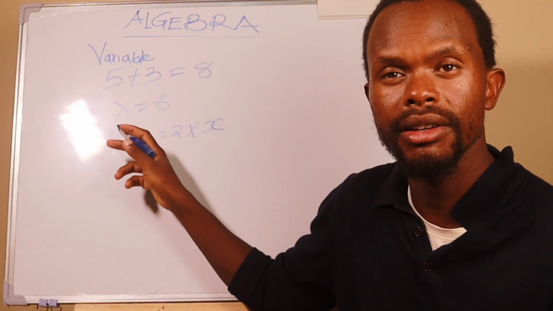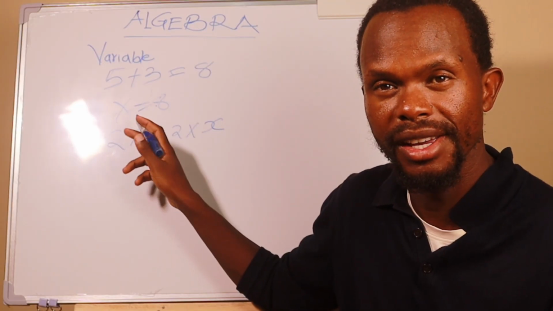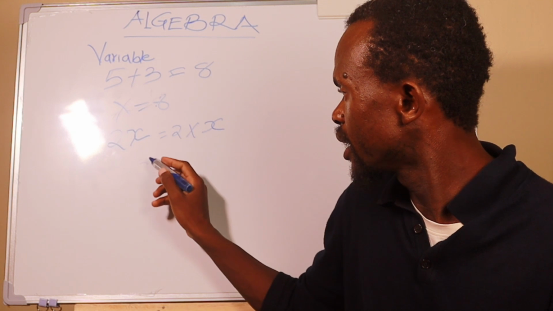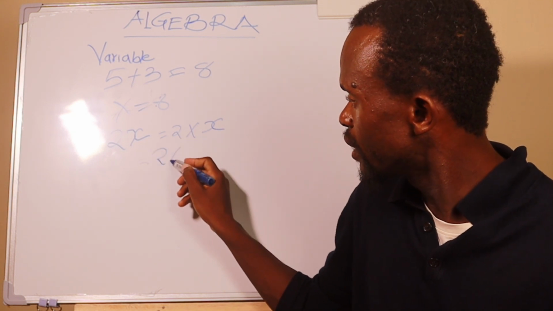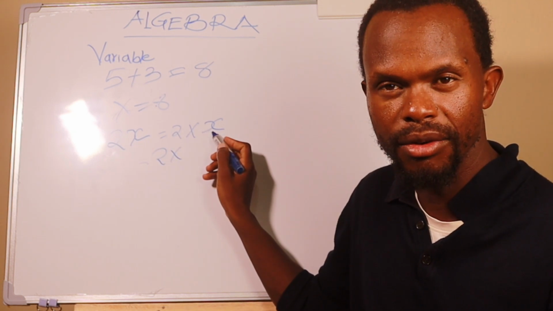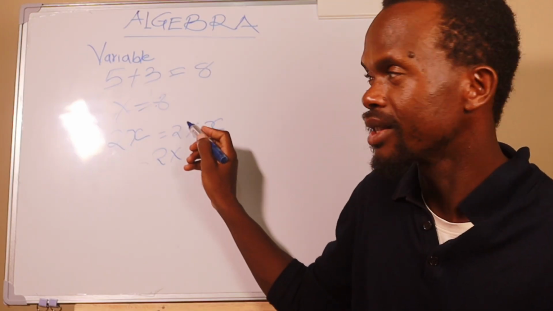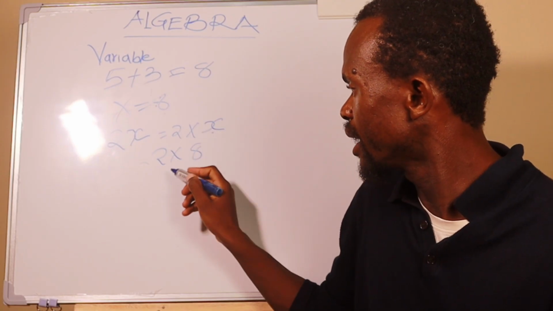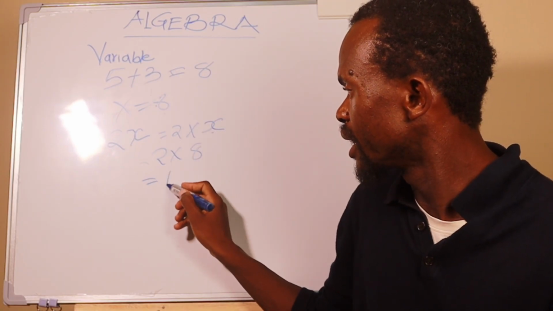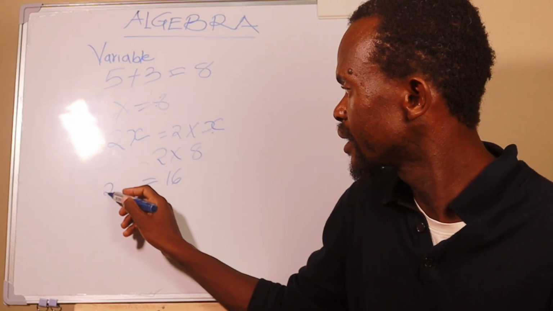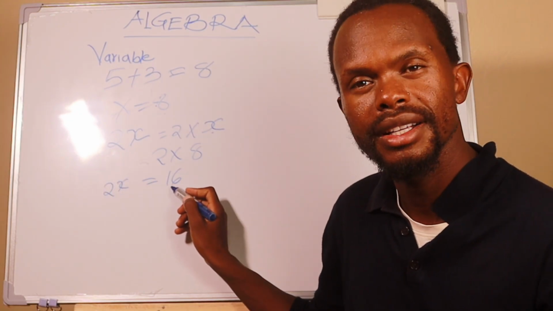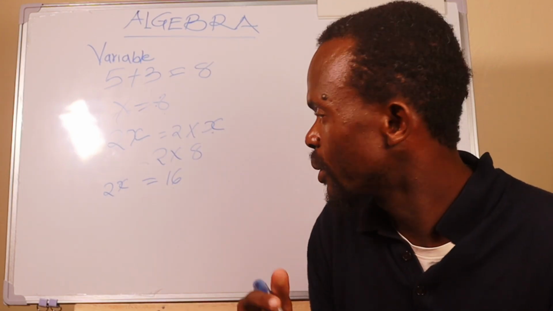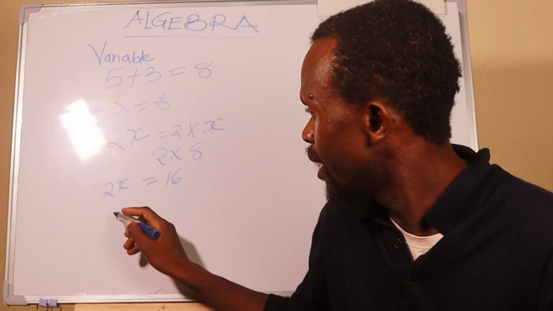But remember, we've been given that the value of x is equal to 8. And therefore, to calculate 2x, we're going to say it is equal to 2 times the value of x, which is 8. So it will be 2 multiplied by 8, and then we'll find that our value of 2x is equal to 16.